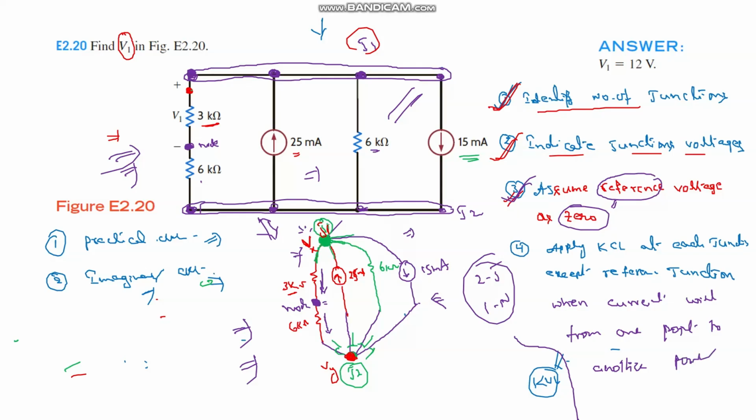Whenever there is a potential difference between two points, there will be a current flowing from one point to another, from high potential to low potential.